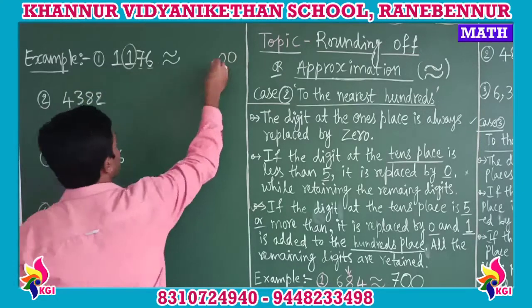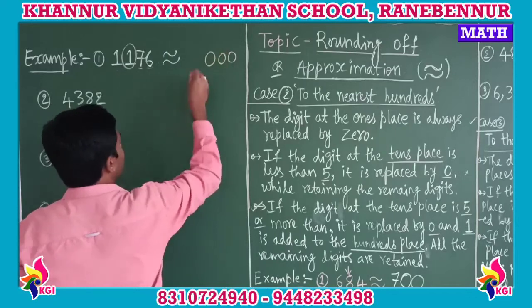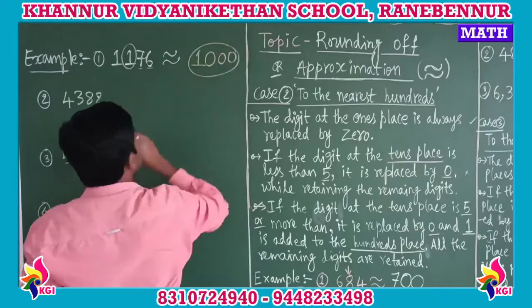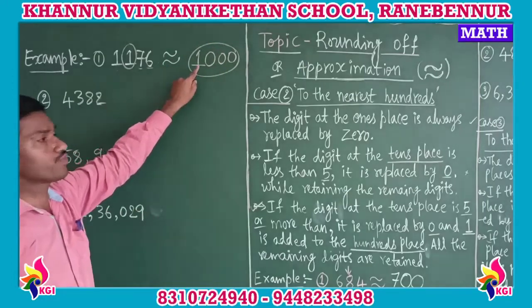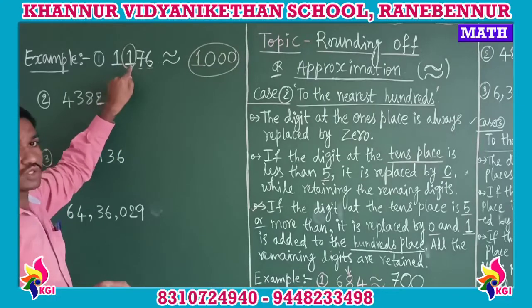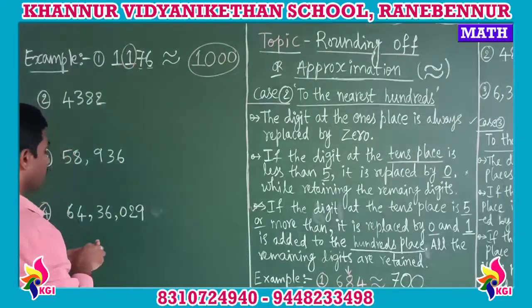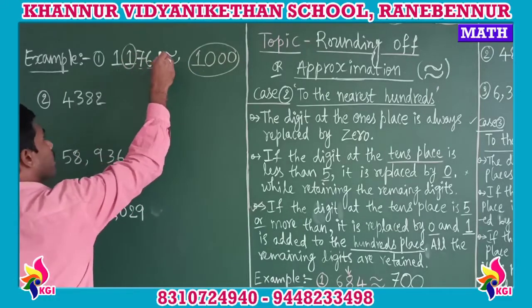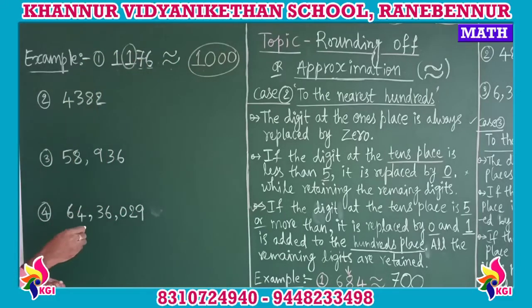So in the hundreds place also 0, then keep 1 as it is. So 1000 is the very nearest thousand number to 1176, or 1000 is the approximate value, the rounding off number, of 1176.